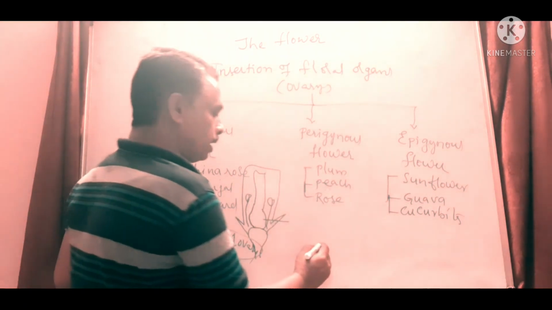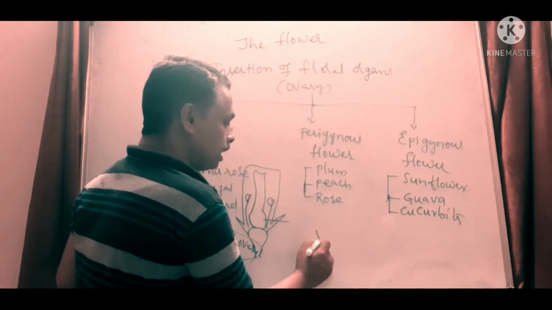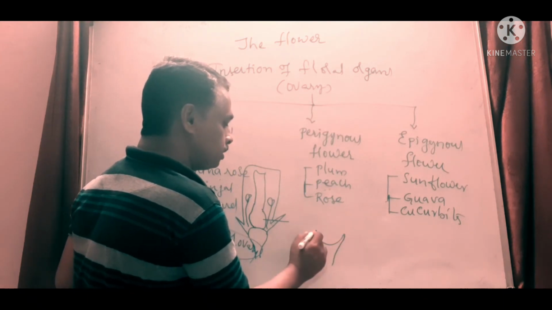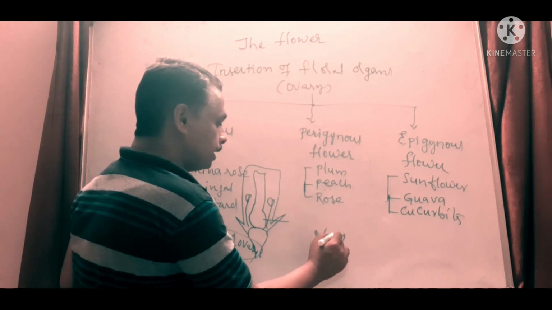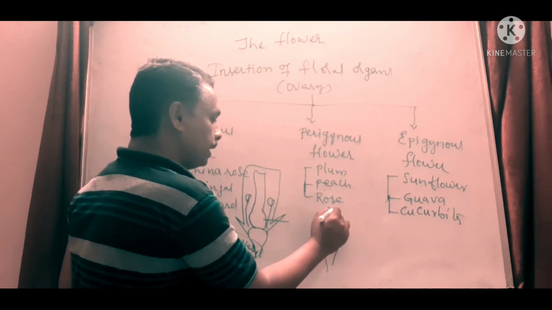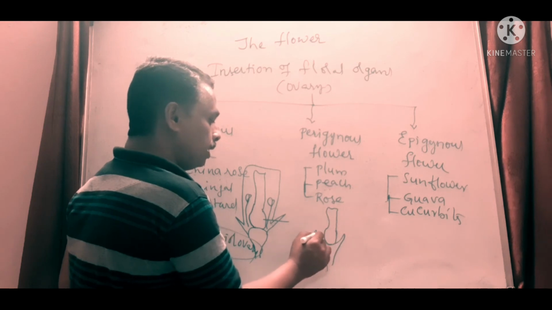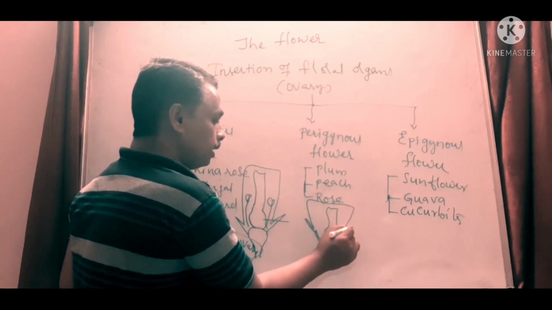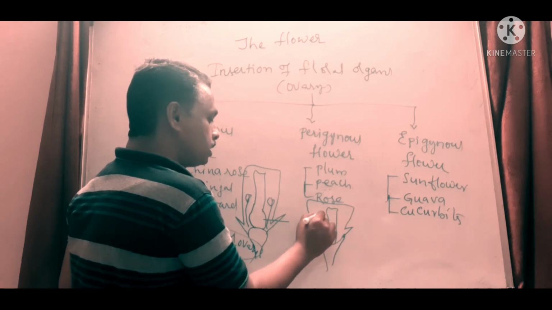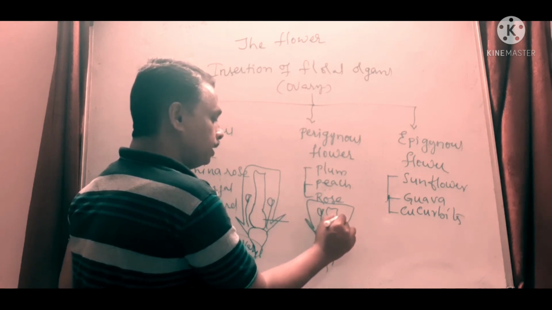In a perigynous flower, the thalamus is slightly formed as a saucer-shaped structure, and the center part is occupied by the gynoecium, that means the ovary, and other floral organs like calyx and corolla are raised from the periphery side.